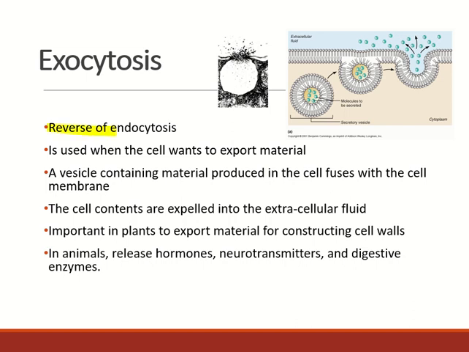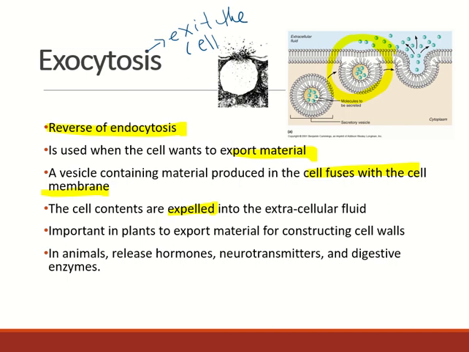So exo is going to be the opposite of endocytosis. This is where you're getting materials leaving the cell. So you're going to exit the cell. The idea is that you have your vesicle coming up. It's going to fuse with your cell membrane to release those substances out of the cell.